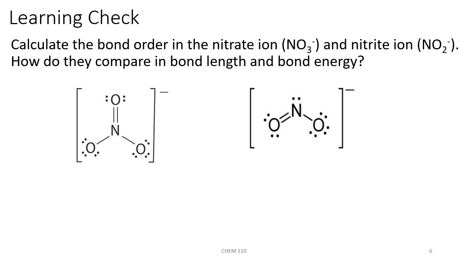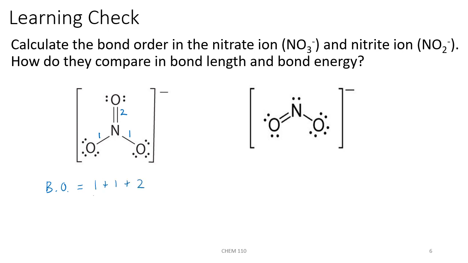So let's start with NO3- on the left-hand side. Bond order is calculated by taking the number of bonds around the central atom divided by the number of atoms around the central atom. So if we assign each one of our bonds a number, our single bonds we can give a number 1. So we have 1 single bond here, another single bond there, each will get 1. Our double bond would be assigned 2. So in our numerator for our bond order calculation, we're going to have 1 plus 1 plus 2.